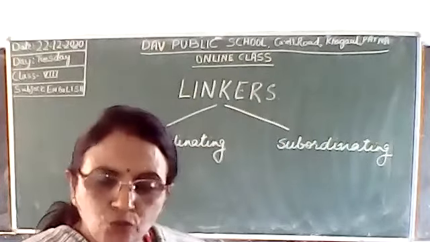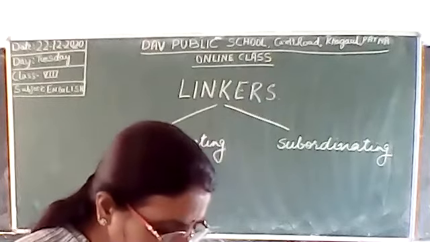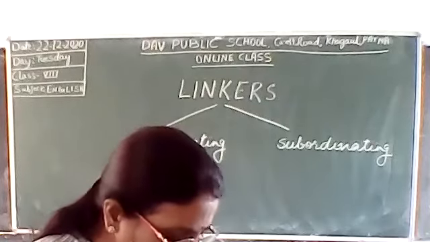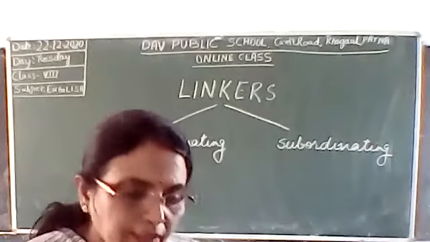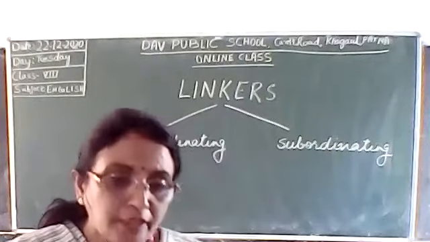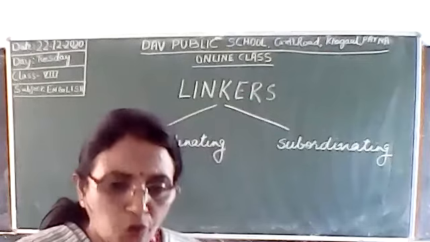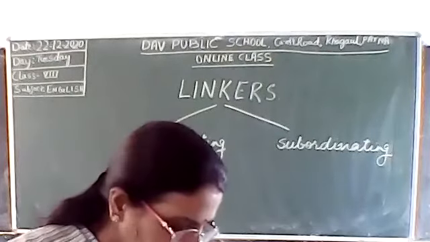That is also a linker, and you can join two phrases also. Now, in coordinating linkers we use and, as well as, not only, but also, yet, still, but, neither, nor, either, or.